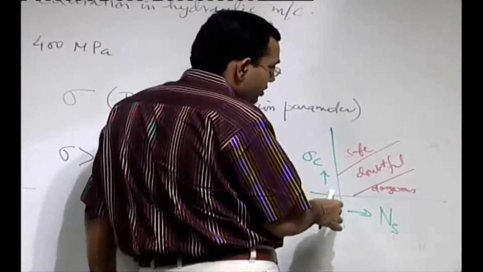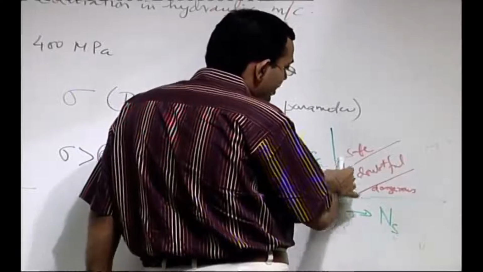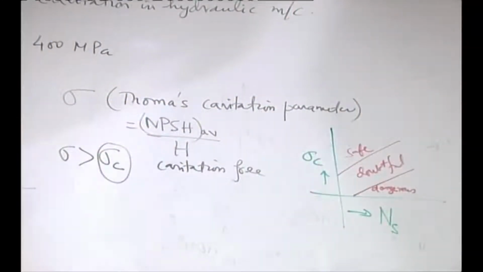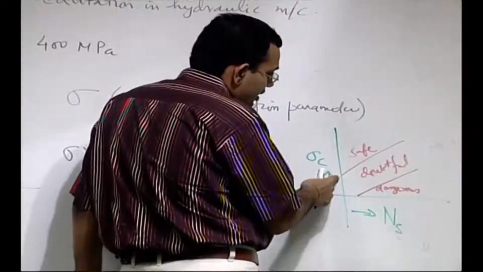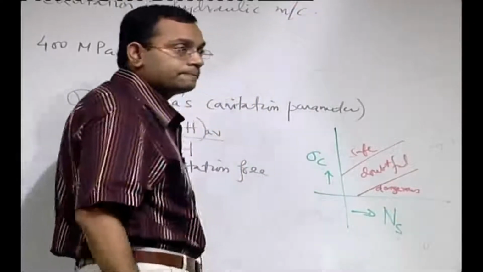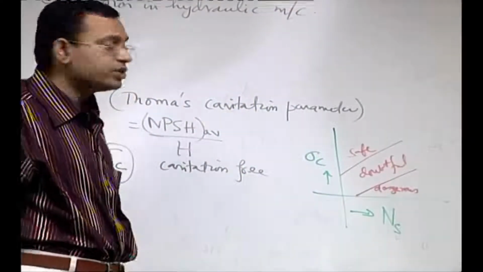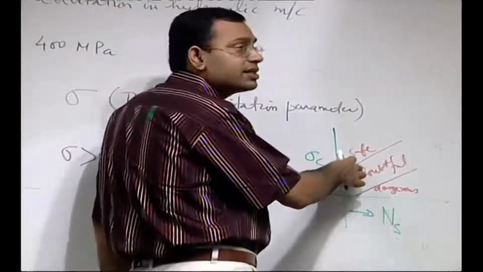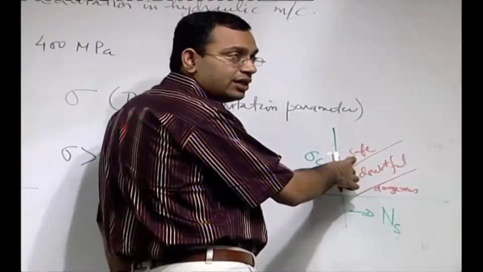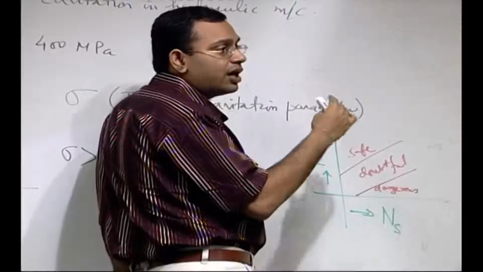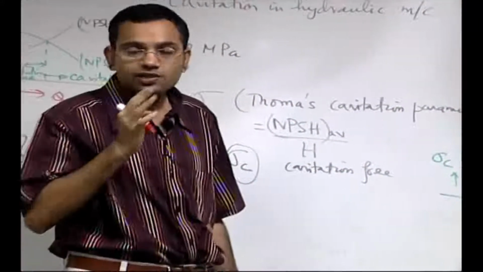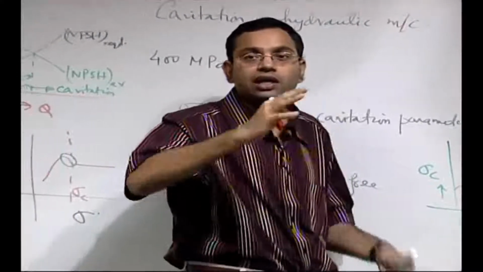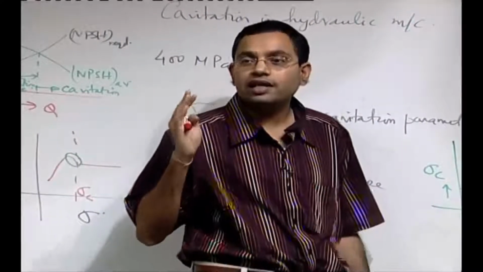Now see here that as you increase the specific speed, sigma c increases. That means the chance of sigma being more than sigma c will be less and less, and that is why you cannot indiscriminately increase the specific speed in the design of a pump.